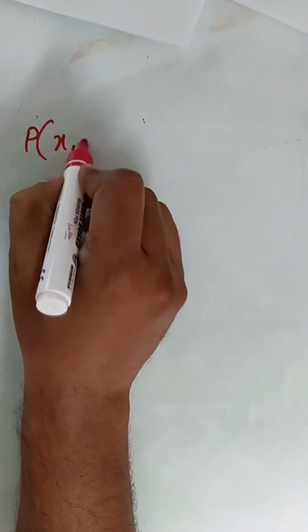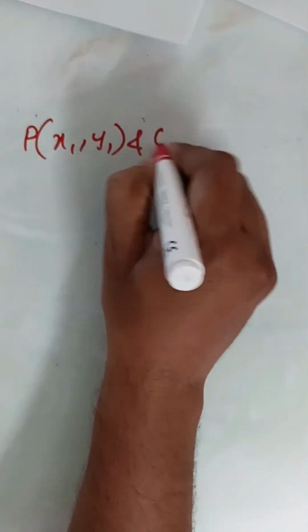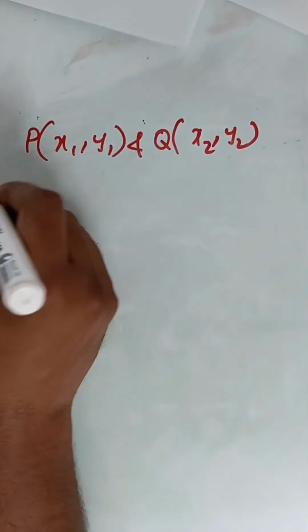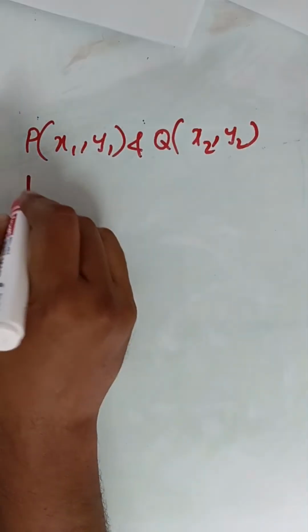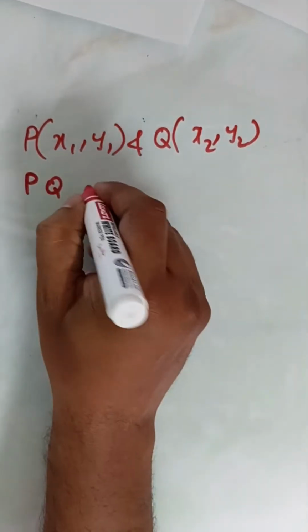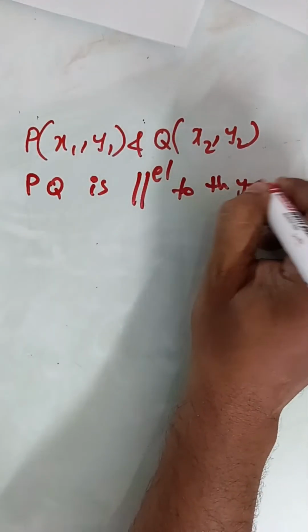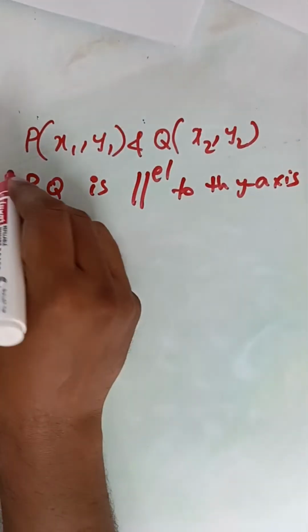Find the distance between the 2 points P(x1, y1) and Q(x2, y2) when PQ is parallel to the y-axis is the first case, right?